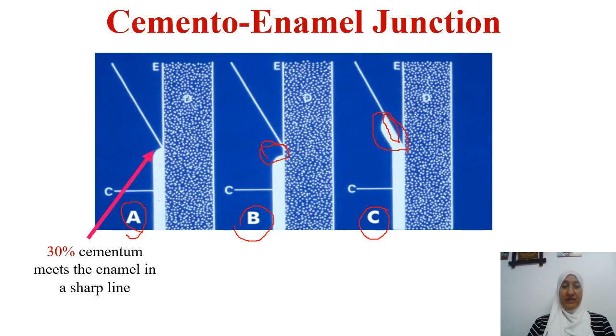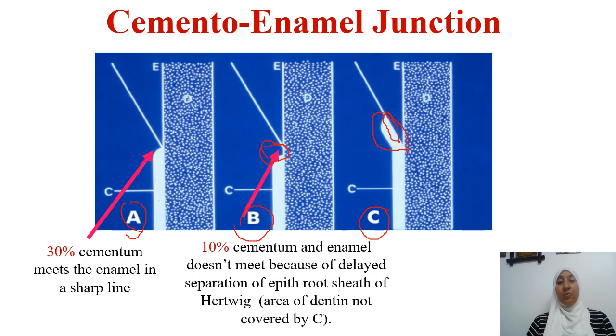The percent of occurrence of edge to edge cemento-enamel junction is 30% of the cases. Bare dentin, and thank God it is a very minimal percent, is about 10%, because in this case the dentin is exposed to the PDL, meaning that it is exposed to the movement of fluids.